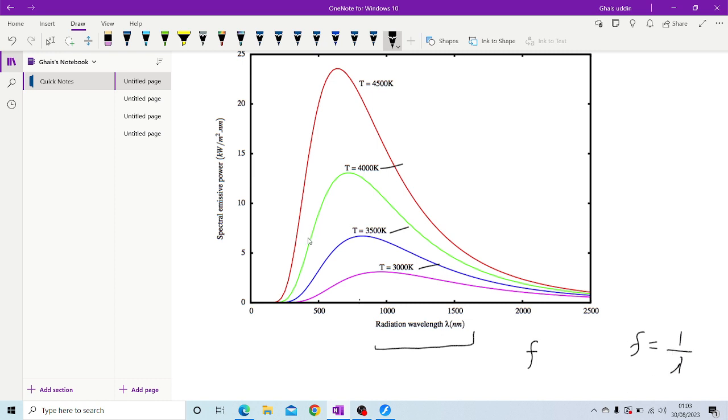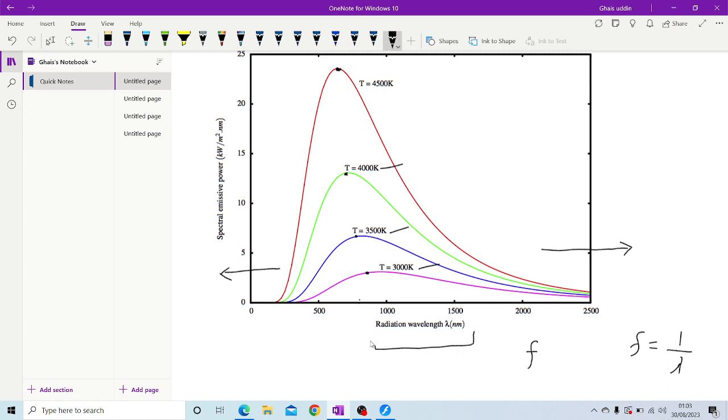So in this case, the wavelength is shifting towards this side, but if we take the frequency here, then it will shift towards this side. There is a peak at every temperature, at a particular lambda or frequency.